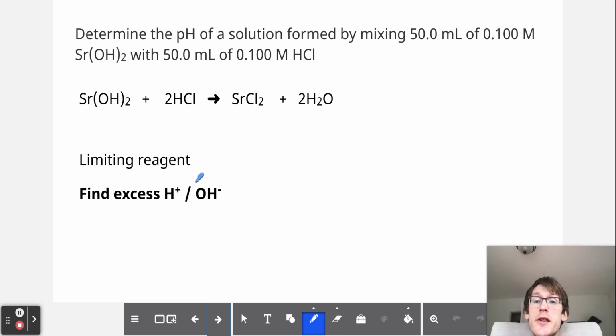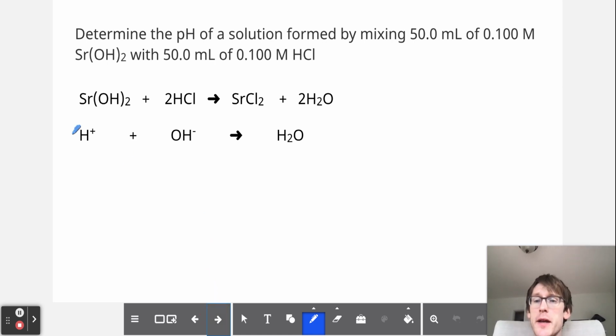And I need to really stress, it's the H+ or OH- concentration that matters the most. It's not the amount of HCl or Sr(OH)2 per se, it's the amount of H+ or OH-, because those are what are used to figure out the pH.